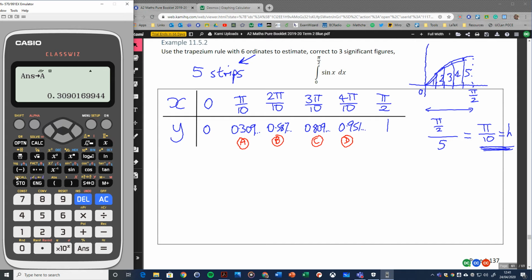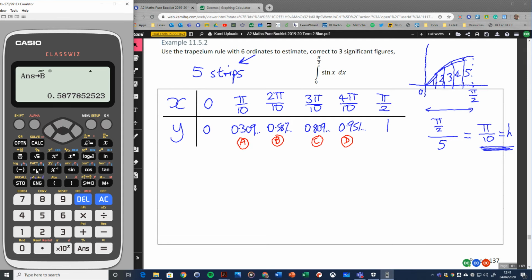If you're ever unsure, use the recall function. So shift and then recall. And at the moment, I've got 0.309 stored under A. So yeah, that has worked. I'm now going to go through B, C, and D, replacing the numbers that are currently stored under B, C, and D. So I'm going to use the up arrow to go back to this, and then just turn that into 2 pi over 10.